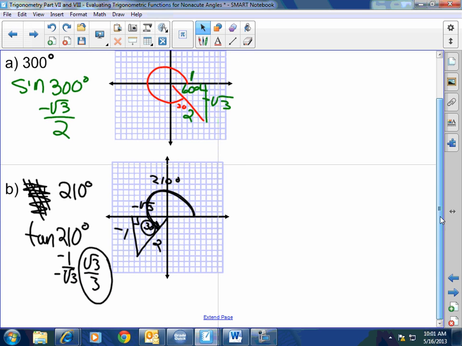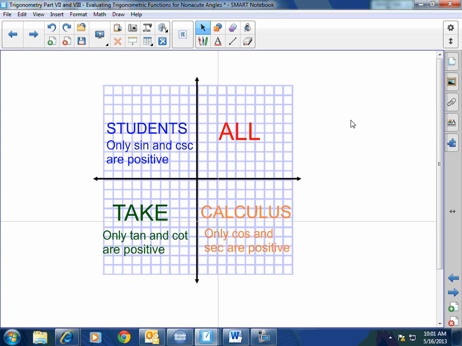Okay, guys. Let's continue here. One thing real quick. Remember yesterday I talked to you about All Students Take Calculus? I'm just repeating it again. You don't have to know this really yet. This is for further investigation in trig, because when you're setting up your triangles, you could set up what's negative or positive.